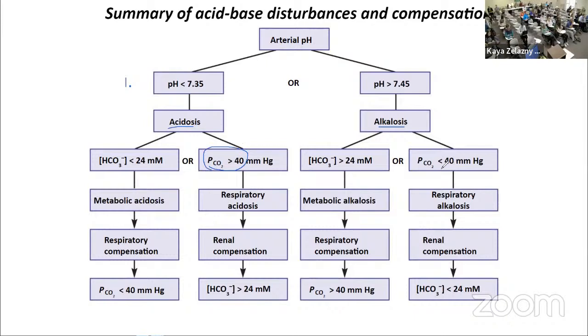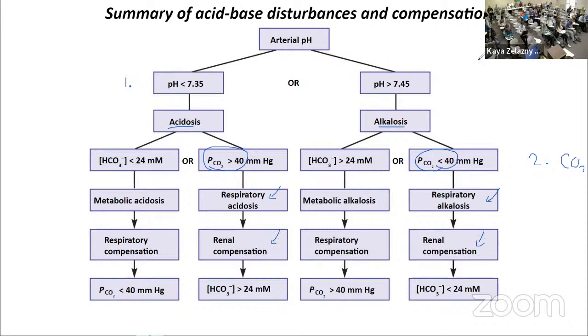You're going to have too low a CO2 if it's respiratory alkalosis. So my second step for you would be to check CO2 levels. Okay. And then the compensation is always going to be the reverse, right? So if you have respiratory acidosis or respiratory alkalosis, you're going to have renal compensation.